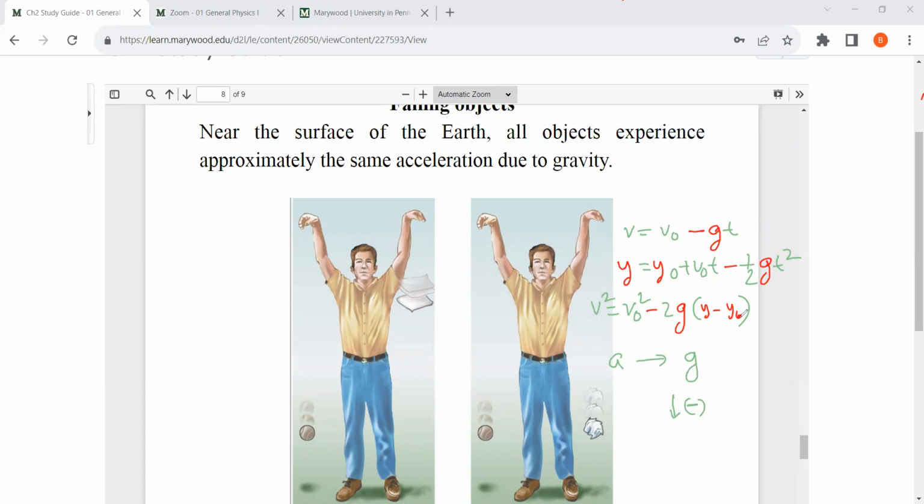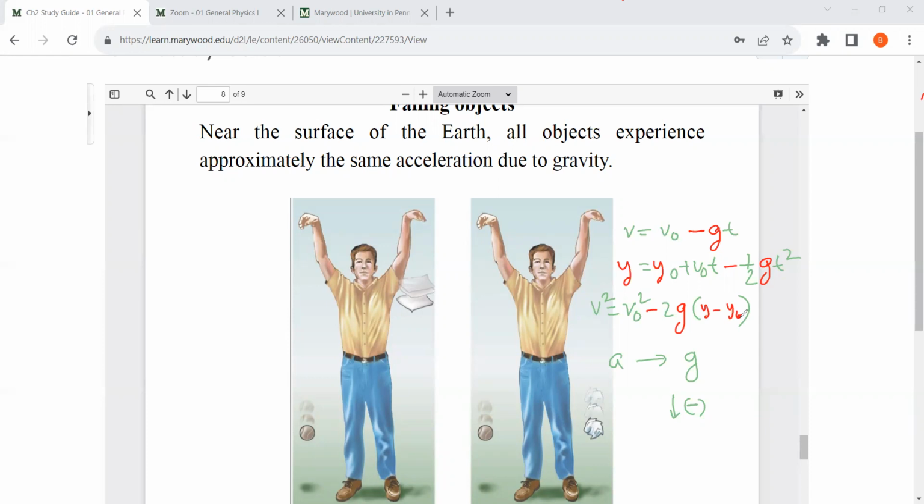Now, when we drop something downward, it's of course a freely falling object. But when we throw something up, it's also under free fall. Why? Just after we throw something up, if we ignore the air resistance, the object is just under the influence of gravity. So it goes up, up, up, and then it comes down because earth pulls that object downward.